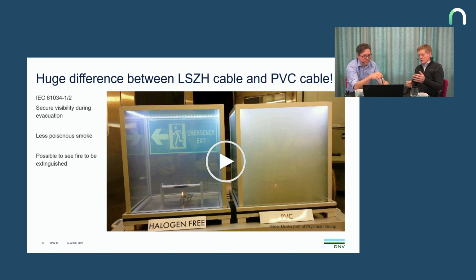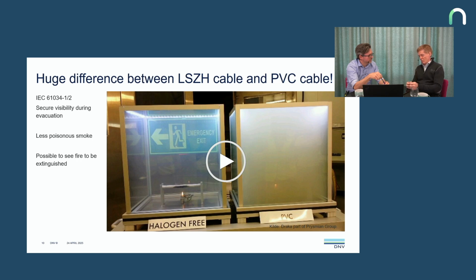The smoke chamber is about 30 centimeters deep, and there's no problem to see the exit sign. And it's possible to breathe there for a short time. You should, of course, not breathe for a long time. You should evacuate, of course.